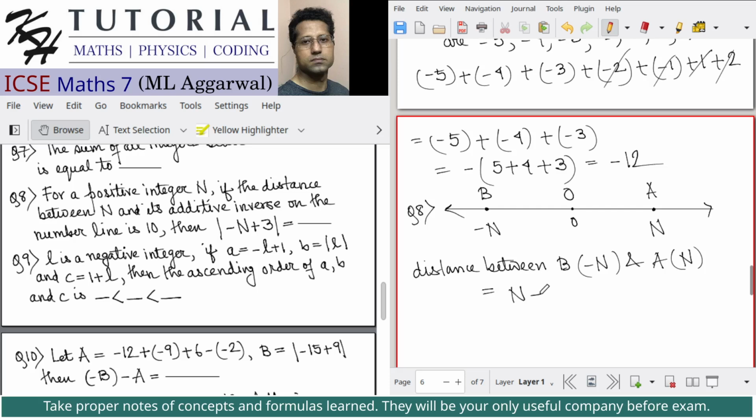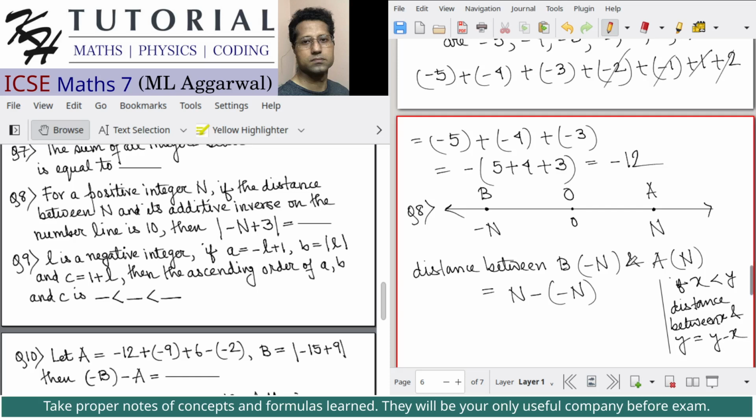We have discussed in the previous video regarding the distance between two integers. If we have two integers x and y, where x is less than y, then the distance between x and y is equal to y minus x.